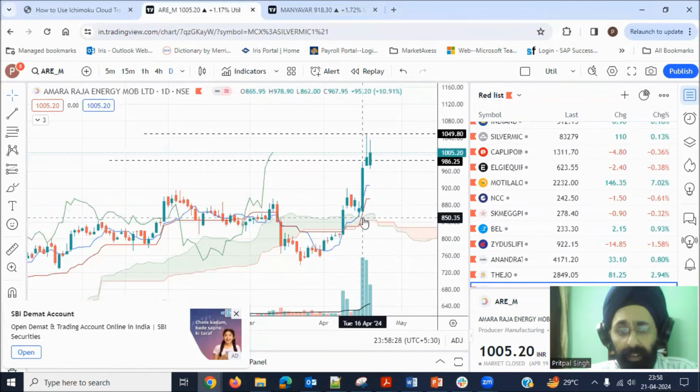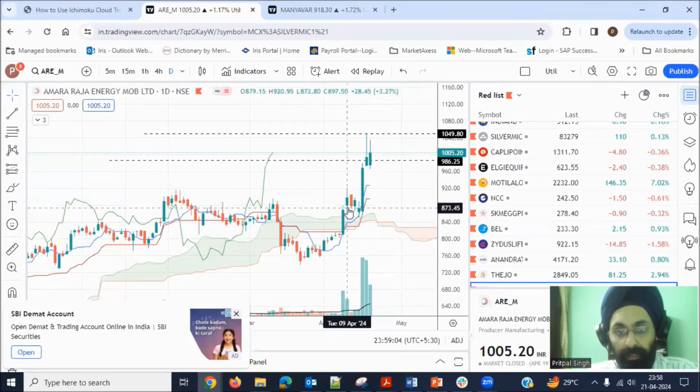So someone who understands Ichimoku will clearly identify that after the cloud breakout, we got support from the upper boundary of the cloud, which shows that this is a confirmation signal for the cloud breakout strategy, and one should enter on the same day closing, before the closing, or on the next day opening. Better to enter on the same day, because this is the confirmation.